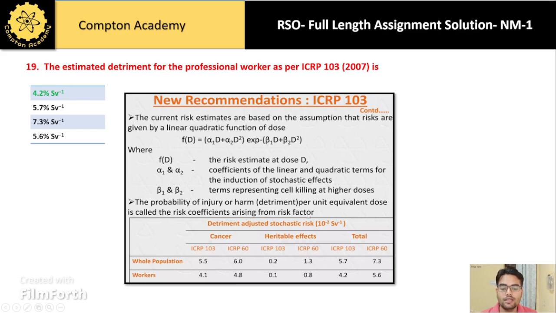For radiation workers as per ICRP 103, cancer is 4.1% per sievert and the hereditary effect is 0.1%. So the total is 4.2% per sievert. This is the correct option.